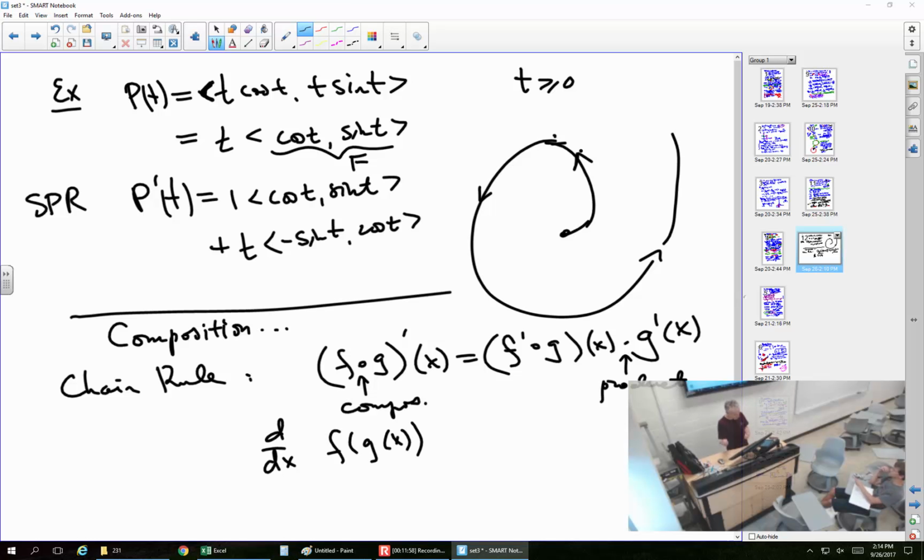So it's a function of x, and g is substituted into f. And the answer is f prime of g of x times g prime of x. So g is substituted into the derivative of f, and then multiplied by the derivative of g. That's another way to put it.